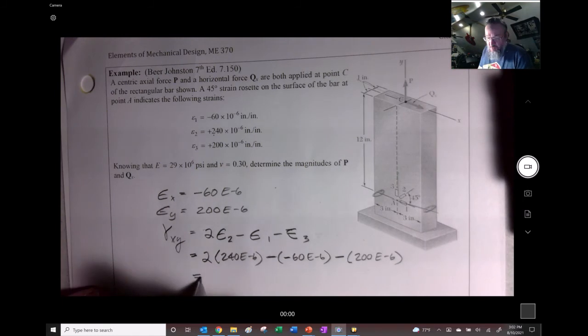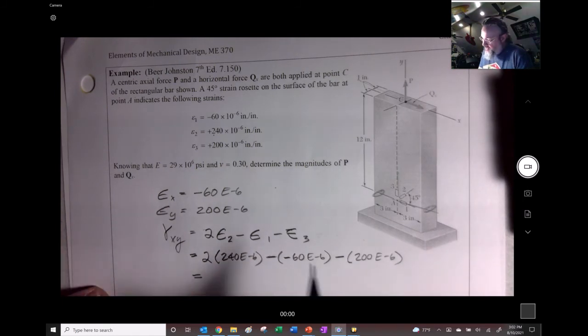Yes. So what we're left with here is 340. In fact, we could probably do that in our heads.